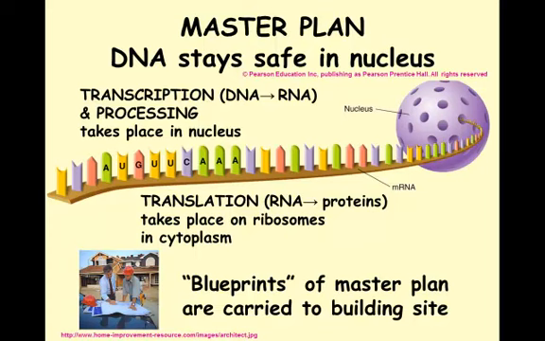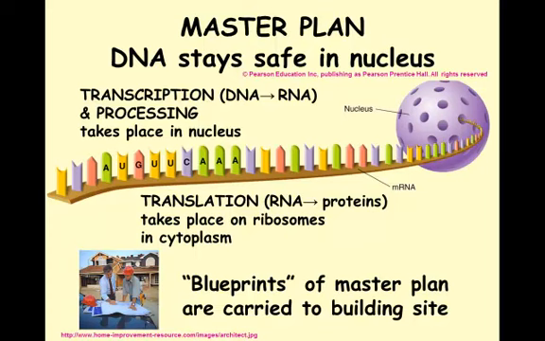We're going to send that message out. How does it get out? Remember, our nucleus has nuclear pores to allow things in and out, little doorways. And we're going to send that message out of the nucleus to the cytoplasm, and the ribosomes in the cytoplasm are going to translate that message, turn that RNA message into a protein.